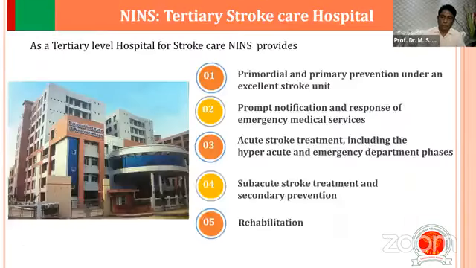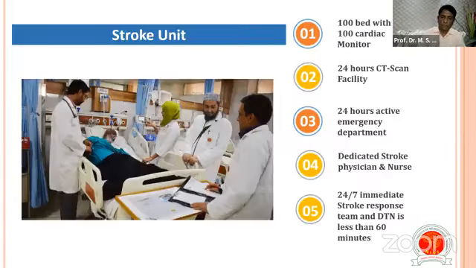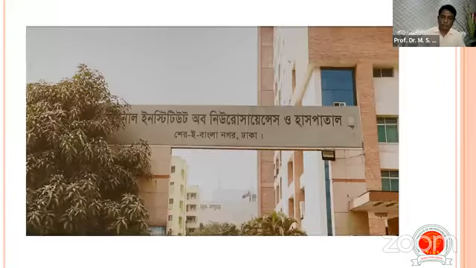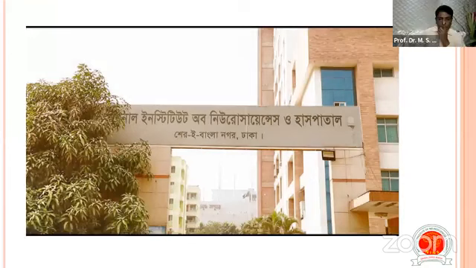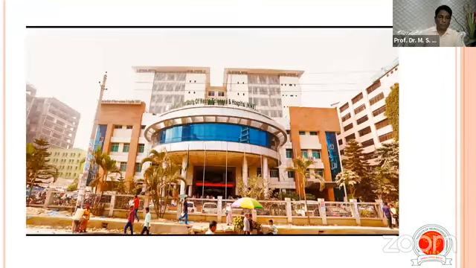My father had a stroke, and we went to National Neuroscience. Great. In treating stroke and other neurological diseases. As a continuation of excellence, a dedicated stroke unit has been inaugurated recently.